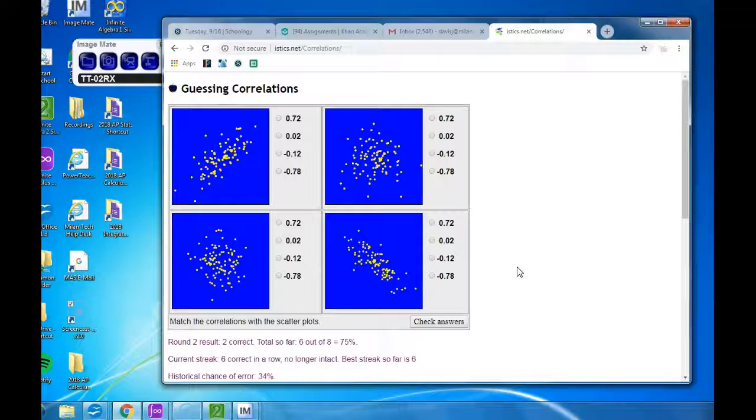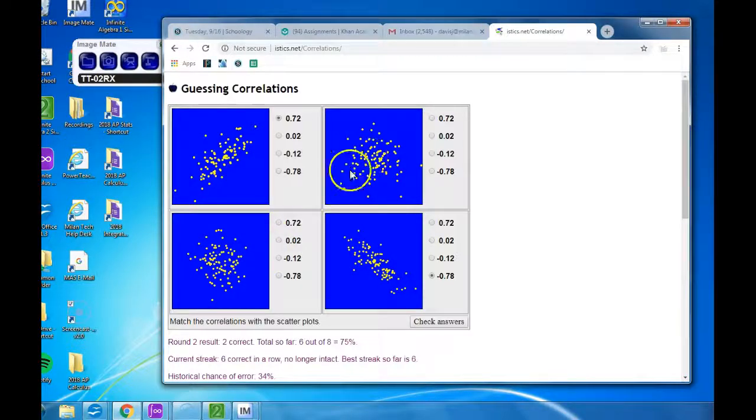Is the top right negative or the bottom left negative? So we agree with these two, right? The top right is not. If you were asked to describe these, there are 2 things you're asked to describe. One is you're going to say strong or moderate or weak.